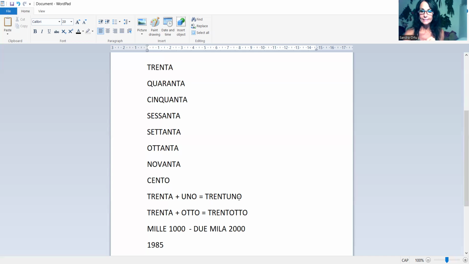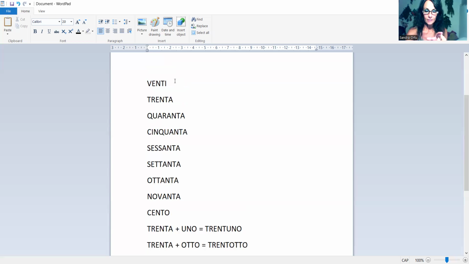So we end up with trentuno and trentotto instead of trentauno and trentaotto, which doesn't flow nicely. This happens only with 1 and 8, and we do this with all the numbers from 20, 30, 40, 50, 60, 70, 80, and 90.